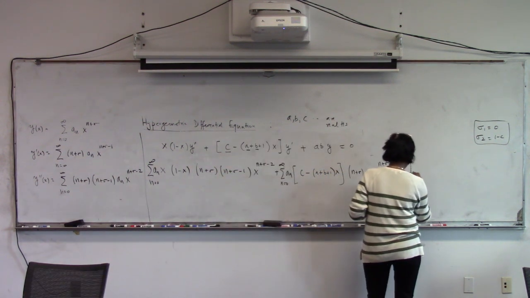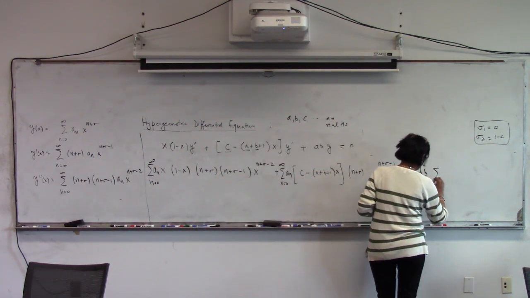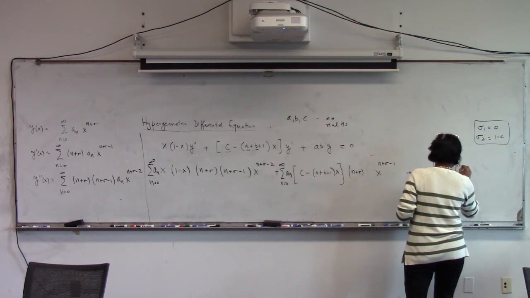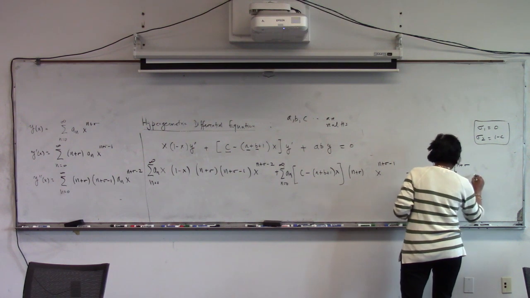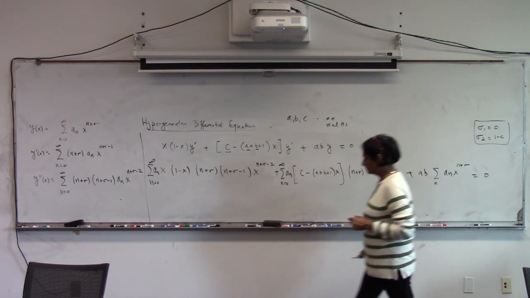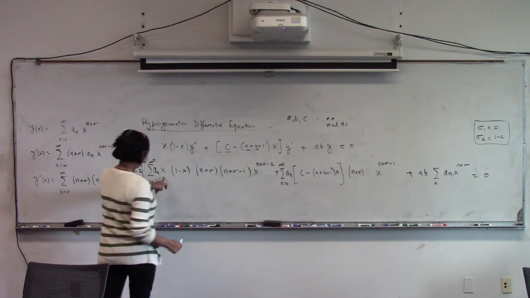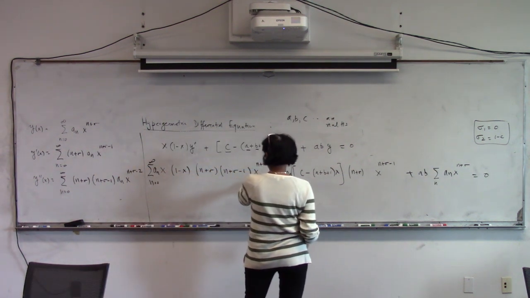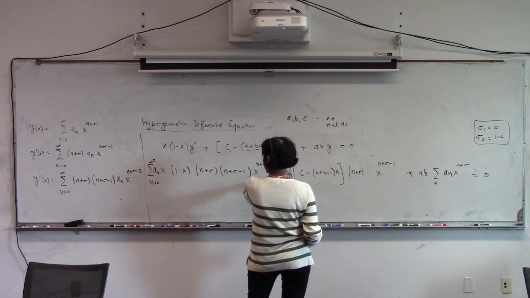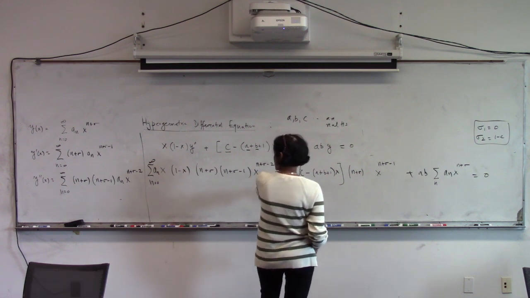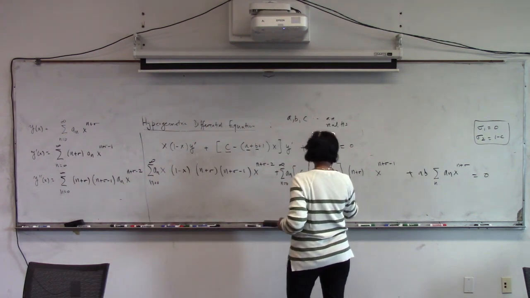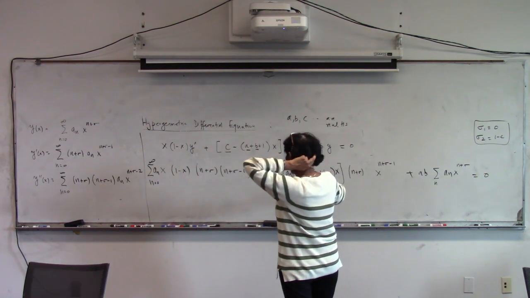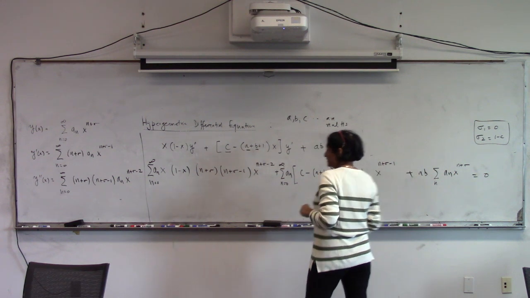And then we have AB y, which is a sub n x to the power of n plus sigma, n equal to 0. Okay, let's check everything is there: a sub n, c minus a plus b plus 1 x, n plus sigma. Okay, all right, everything is there.